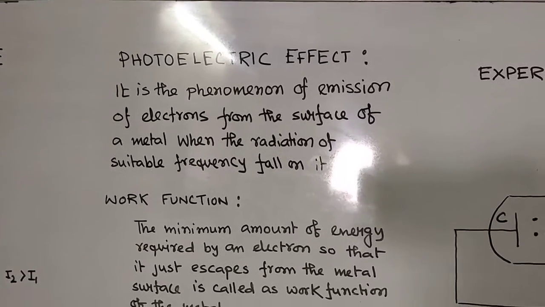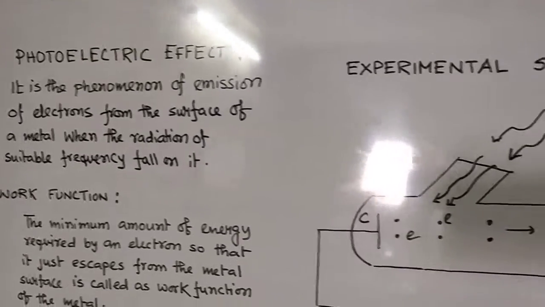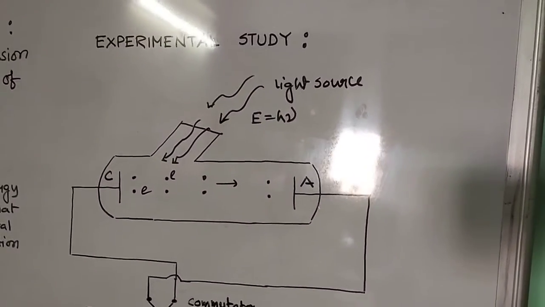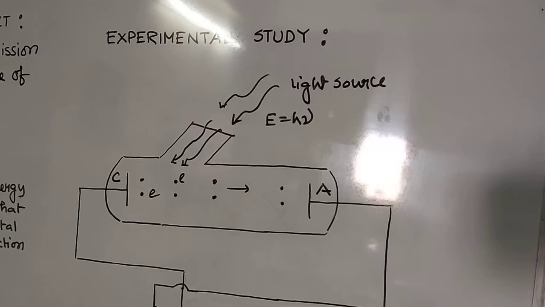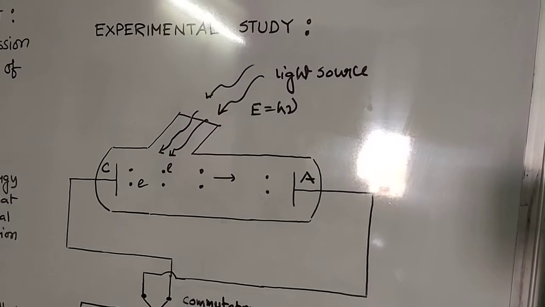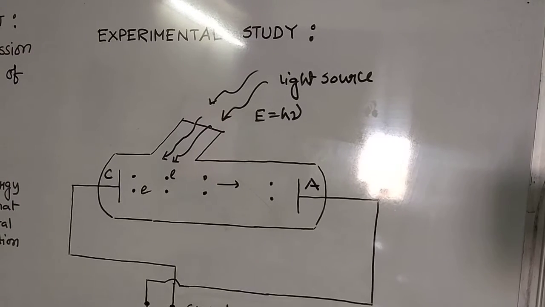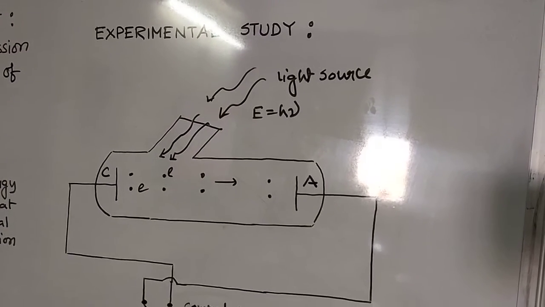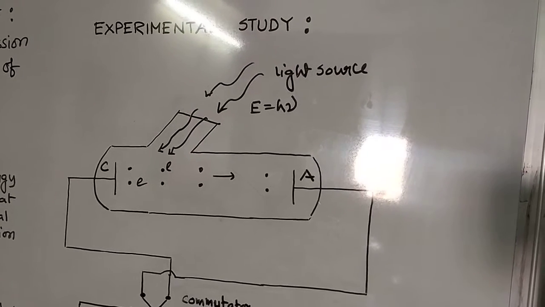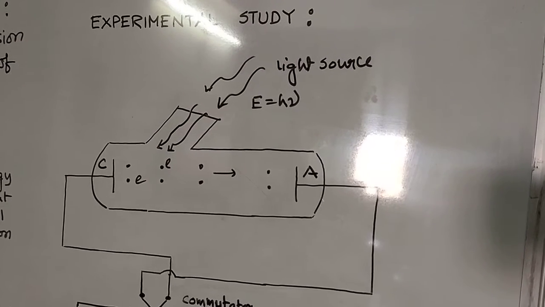So let me try to explain this topic by using this experimental setup. You have a chamber, and in the chamber you have cathode C and anode A, and there is a window, and through the window light moves and strikes the cathode. Now when it strikes the cathode, the light source definitely has a certain amount of energy.